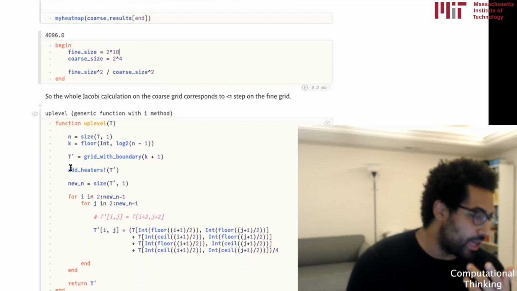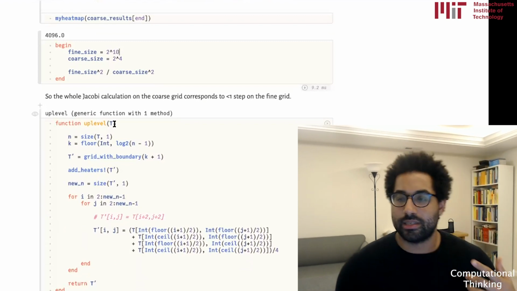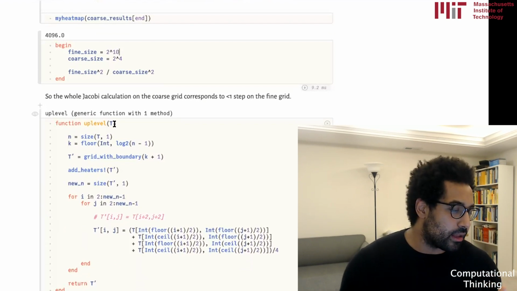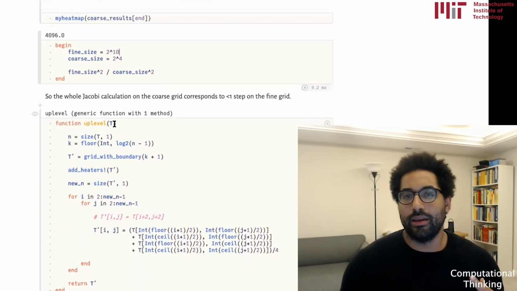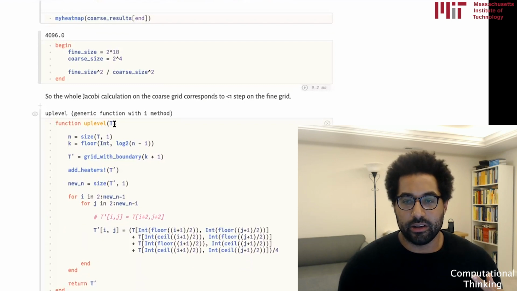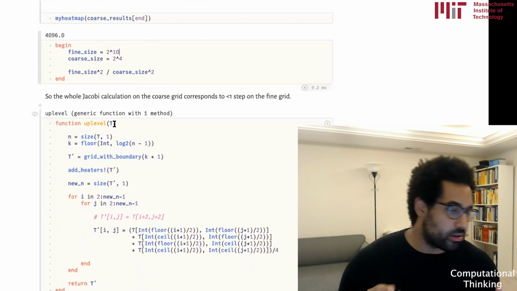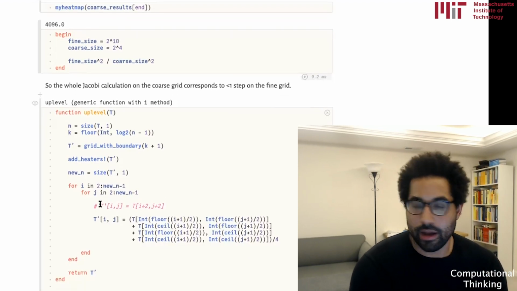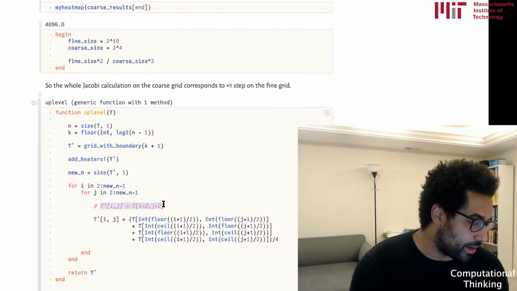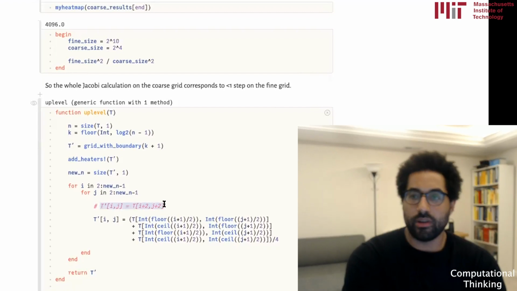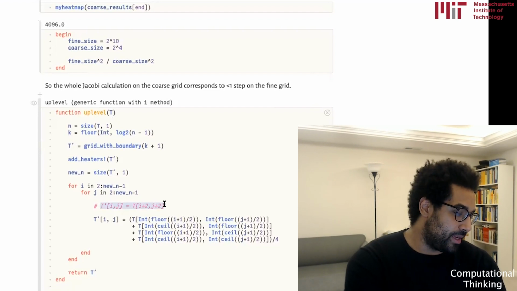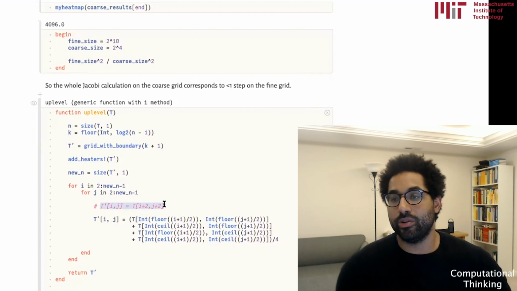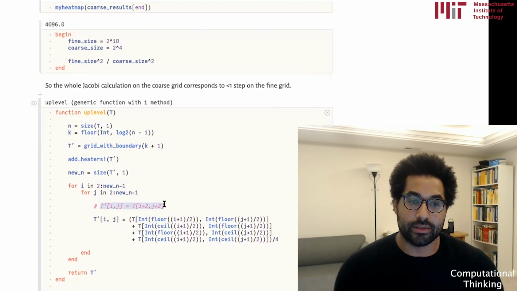So if this takes in an array T of 16 rows by 16 columns, it's going to output something defined on a grid with 32 rows and 32 columns. One natural way to do this, which I have commented out, is to simply define the value at a fine grid point to be the value at the corresponding coarse grid point when you divide by 2 and truncate. So this is one natural choice.